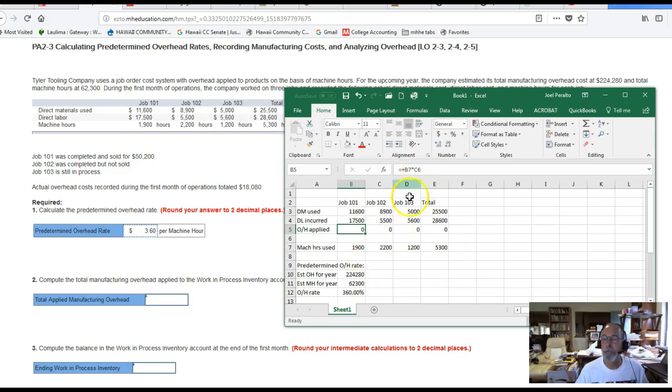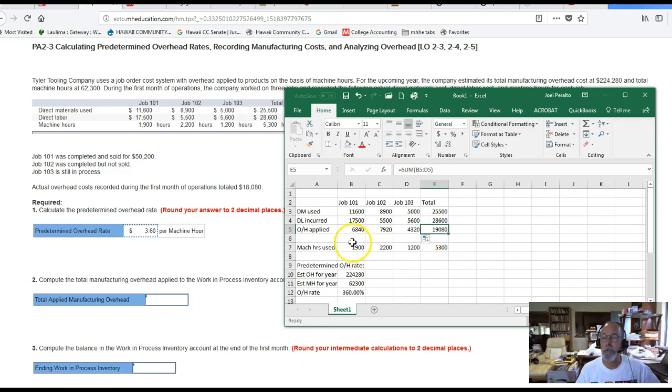B7 times B12, and we want to make B12 a constant. And did we do that there? I think we did it now. Okay, so we can move that formula over and we should be okay.